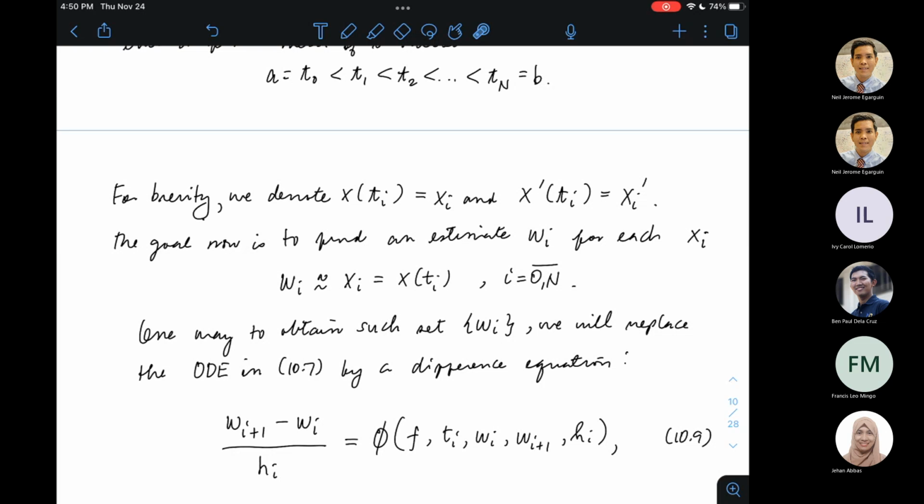Interpolate natin or kukunin natin yung best fit dun sa mga W sub i's natin, and that will be our estimate for the function X. Pero in reality, what our computers will output will just be a vector of numbers, a vector of estimates to the function values under X of our discretization points T sub 0 until T sub N.